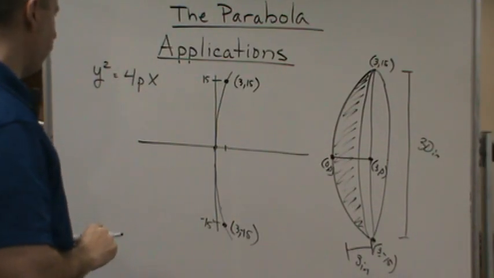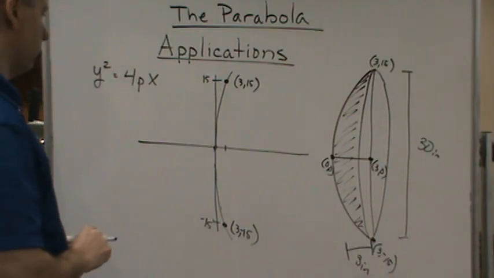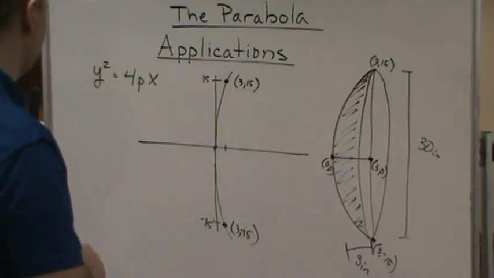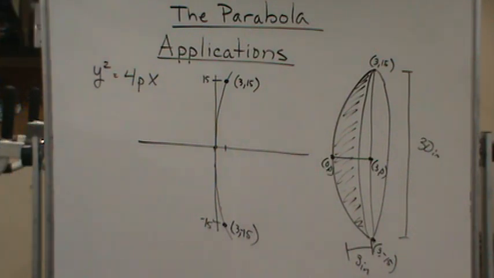Now we just got to find what p is. So how do we find p in this case? We're going to use the 2 points that are on the curve, which is 3, 15 and 3, negative 15. Since we know that those points are on the graph, we could just use one of those points and plug it in.